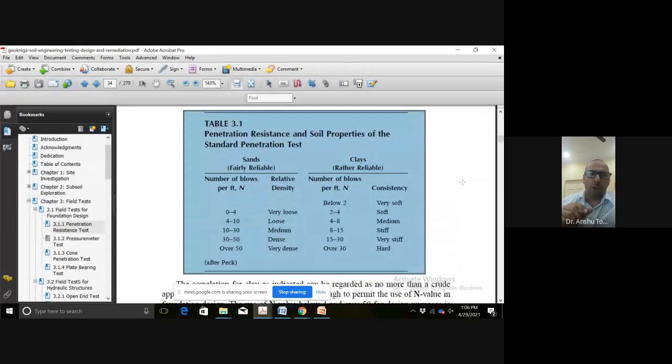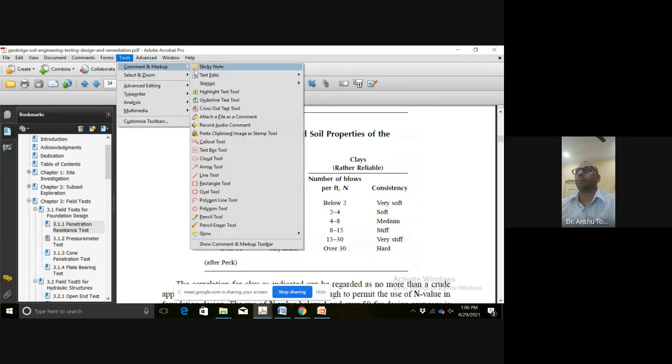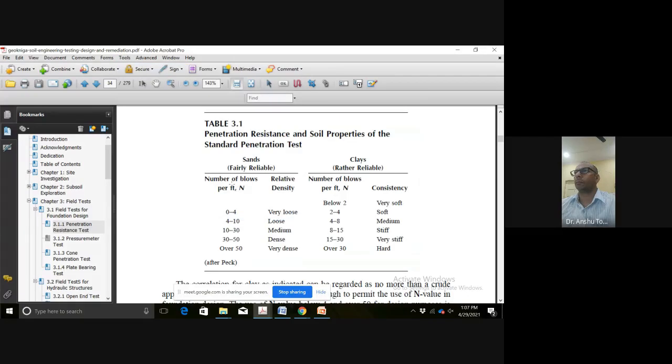So with the number of blows, we can categorize a soil as very loose, medium, dense, and very dense. Always remember, it is written here, the blows are for 12 inches. This is for sands and this is for clays.